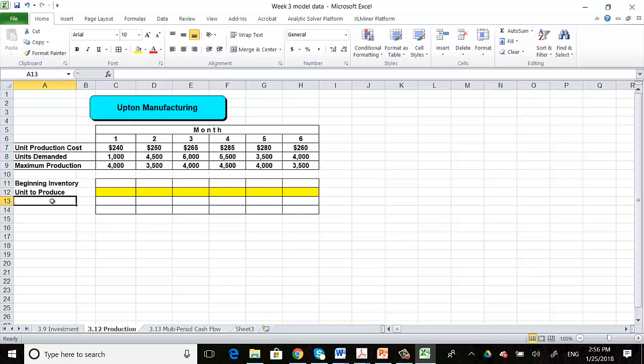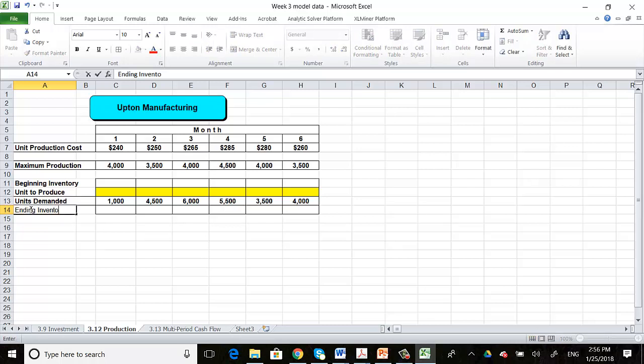So we do have the unit demand. I'm going to just move this row here. Unit demand and then the ending inventory.